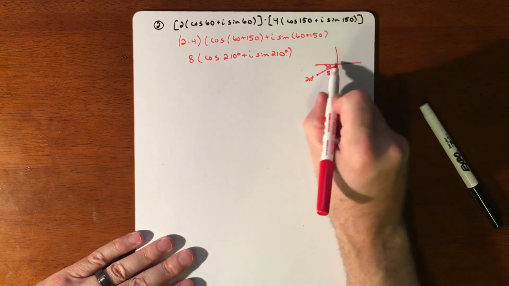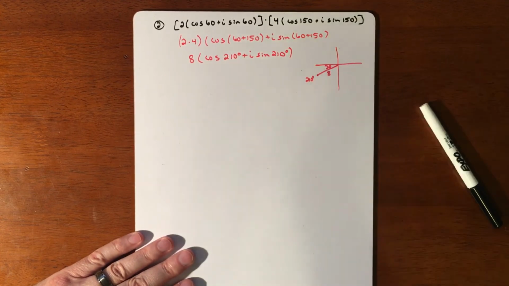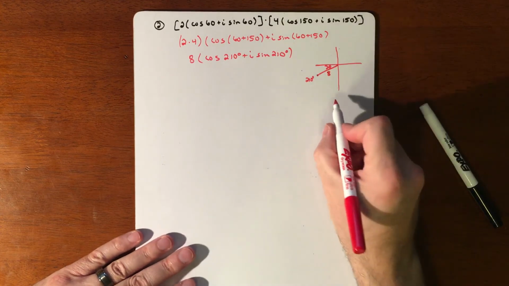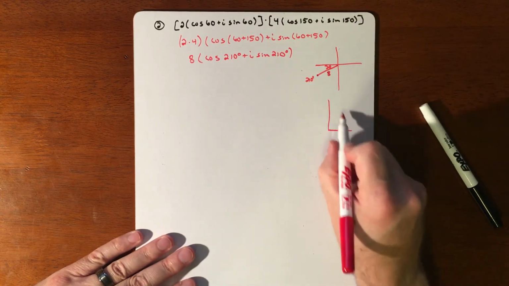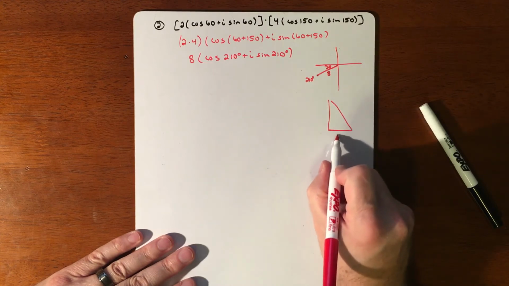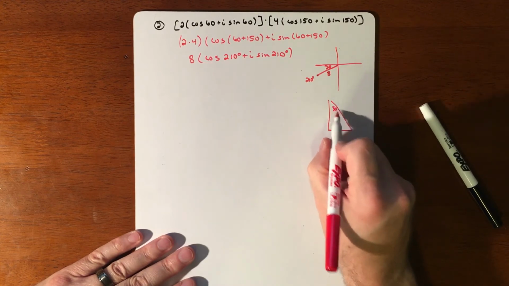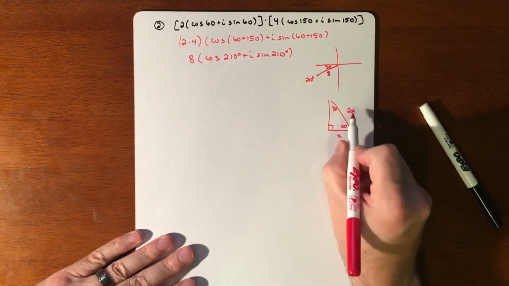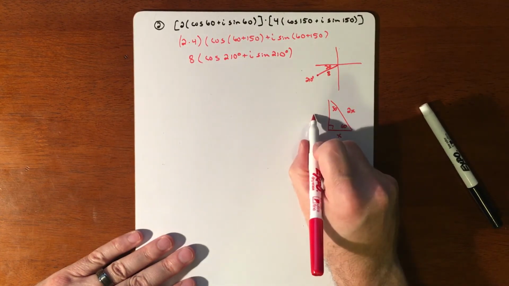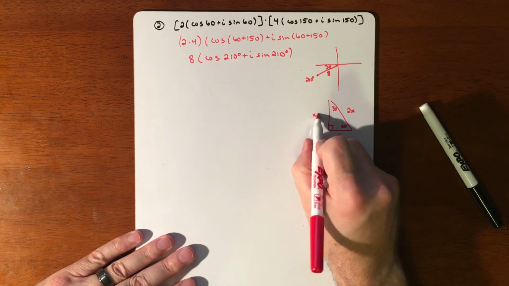Now remember that the x's are real and the y is our imaginary axis. So you need to figure out pieces of a 30-60-90. If you remember that there's a relationship between a 30-60-90, that it is x, 2x, and x root 3.